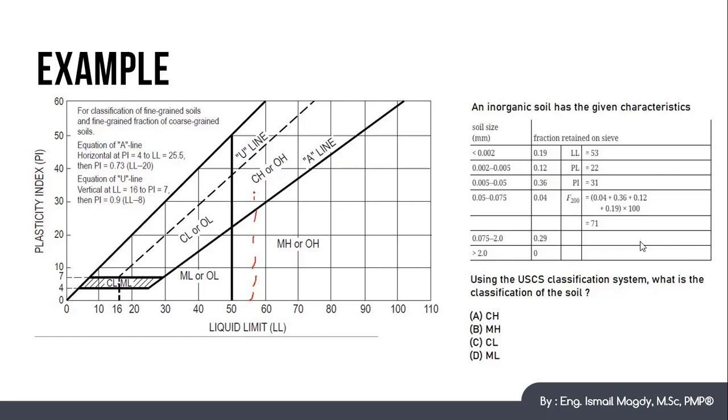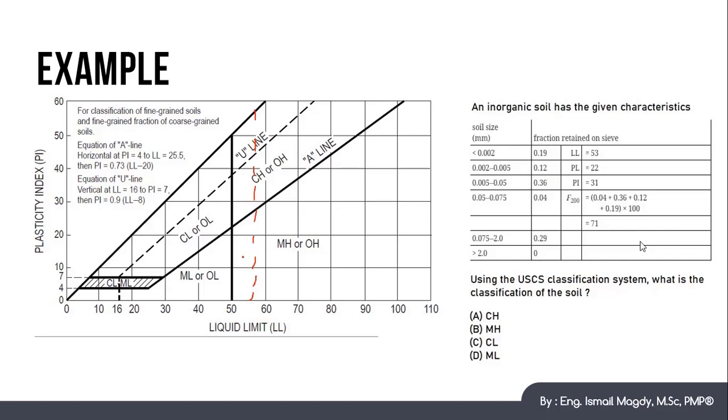If this is the 53, it is somewhere over this line. We want to calculate the plasticity index for this soil, and actually the plasticity index is known as 31 here for the soil. We want to calculate the A line so we can know if the 31 is less or more.